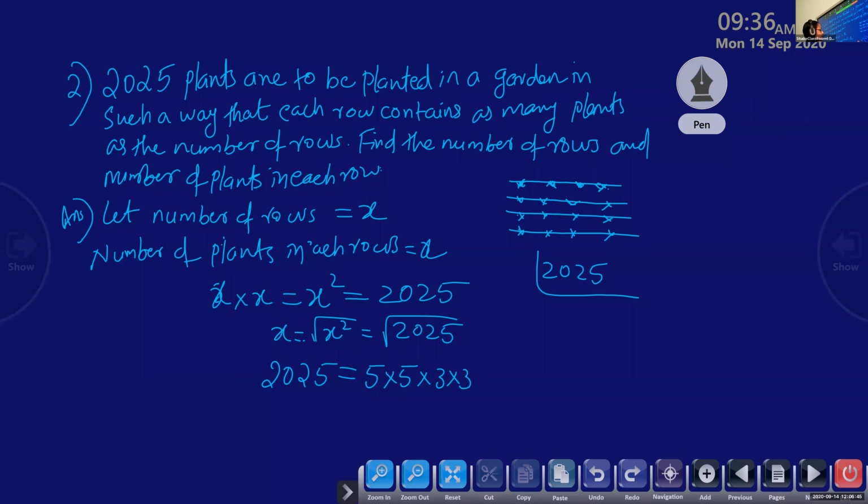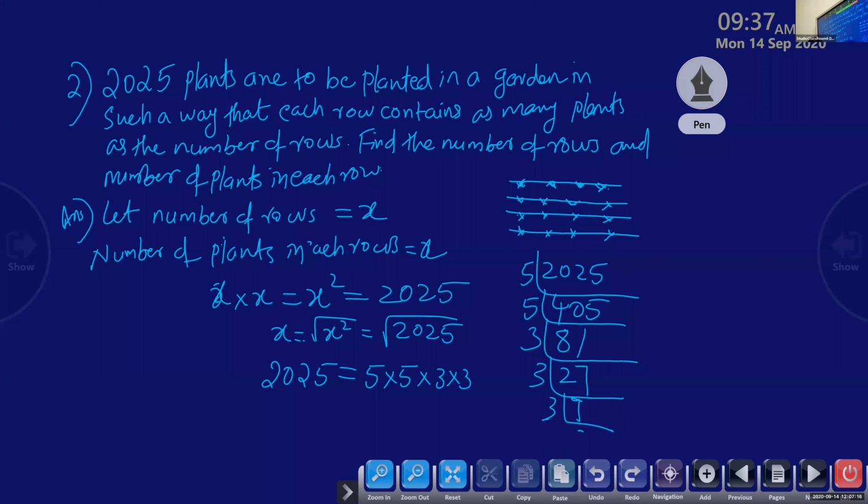There should be 4 threes. So 5 into 5 into 3 into 3 into 3 into 3.